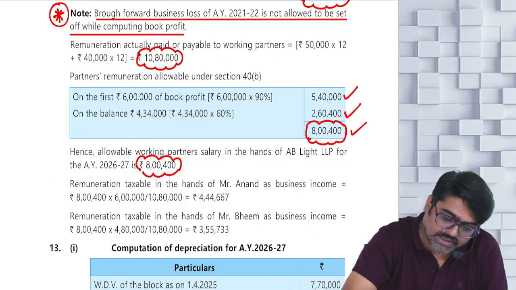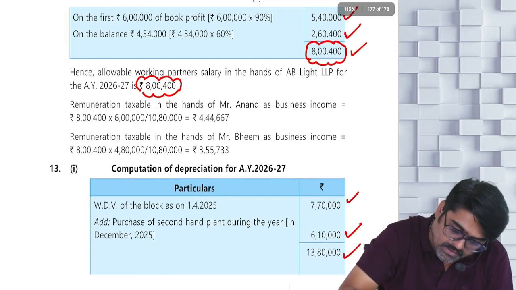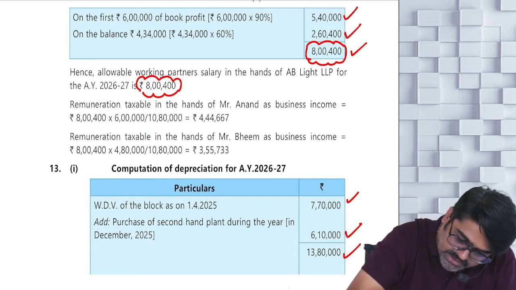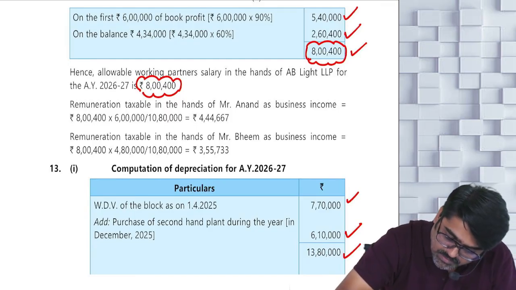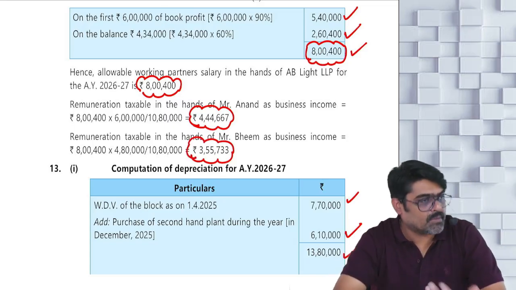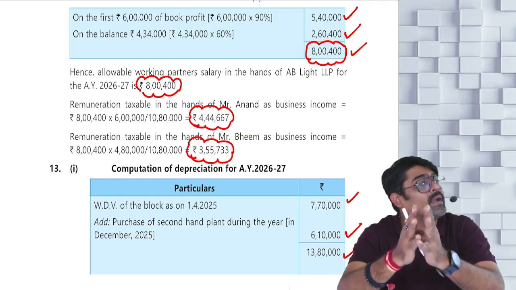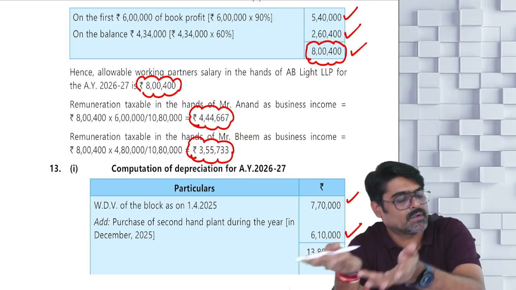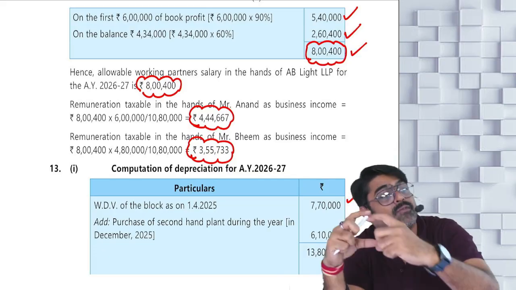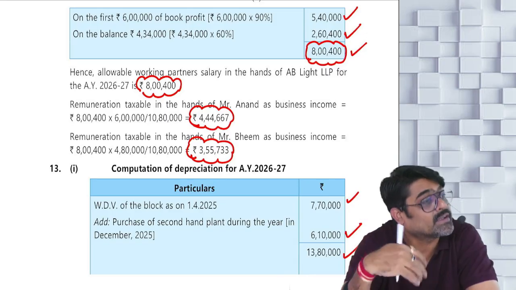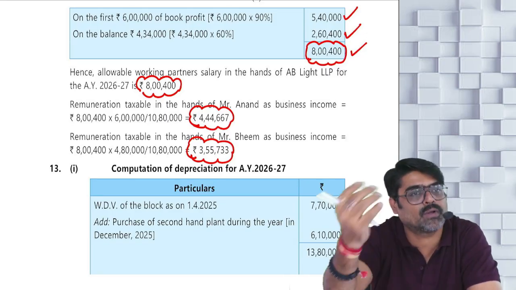Understood? So let's check. Please see. This remuneration which is allowed will be divided in what ratio? In the ratio of the remuneration already given. So the allowable remuneration will be allowed in the hands of the firm. But that entire remuneration will now be split in the hands of the partners in the same ratio in which the actual remuneration was given.